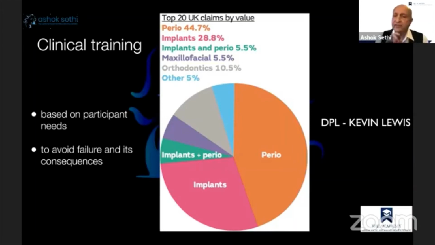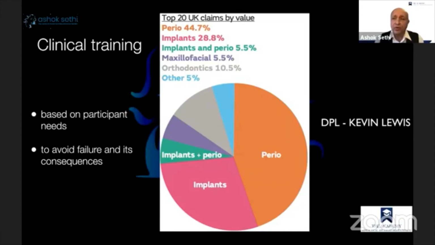Look at the pink section. The pink section is implants, okay? And that means a relatively few number of people who have implants result in having to sue dentists, and that's a huge shame because that's a very large percentage of the total population that we're dealing with.